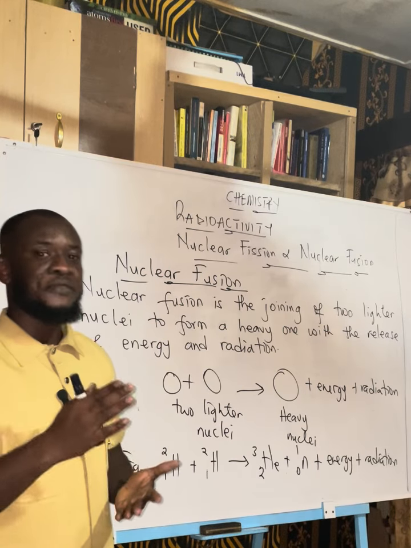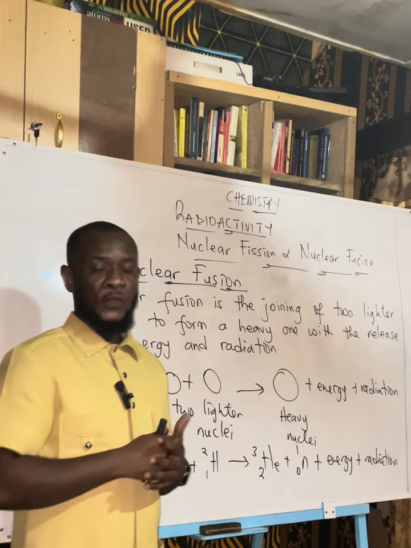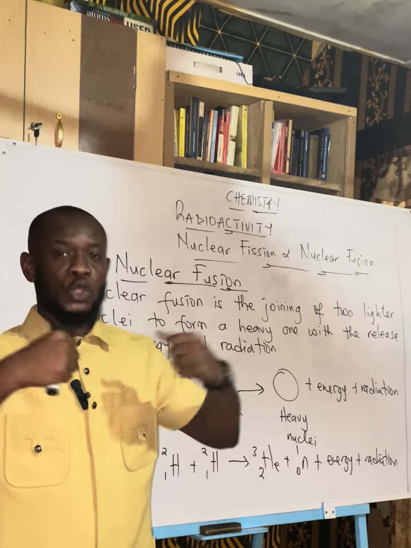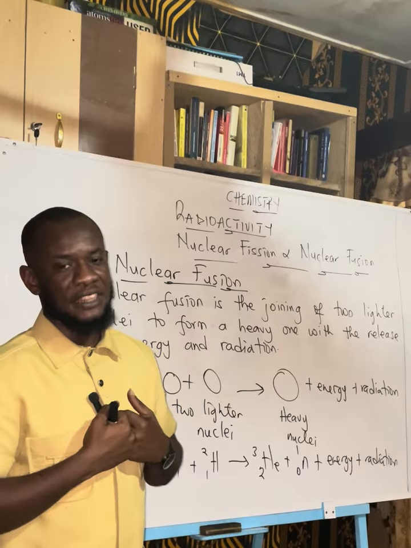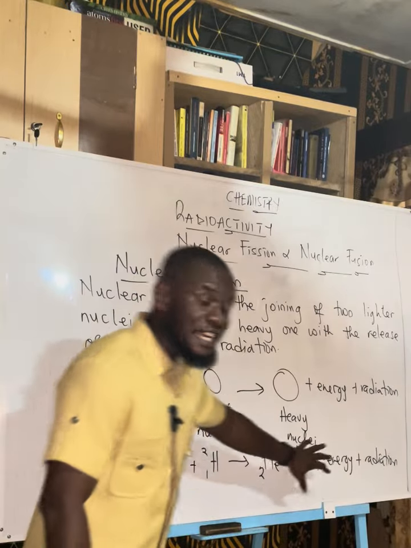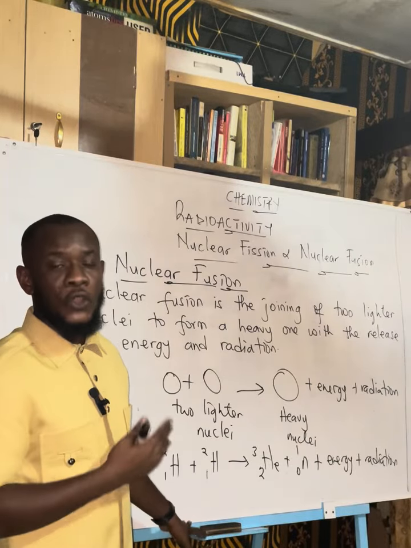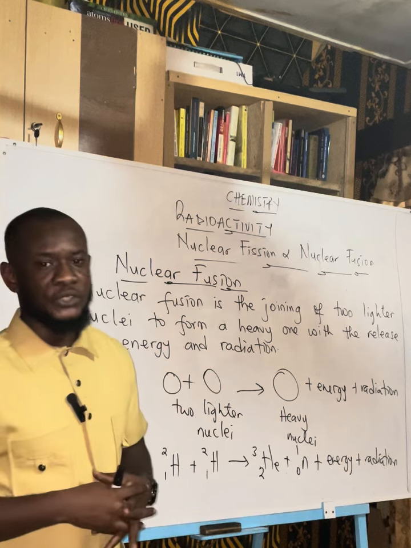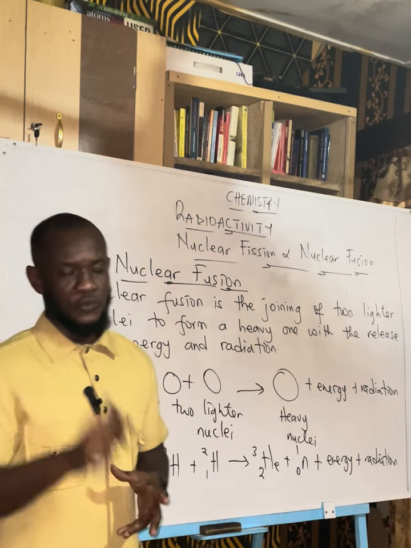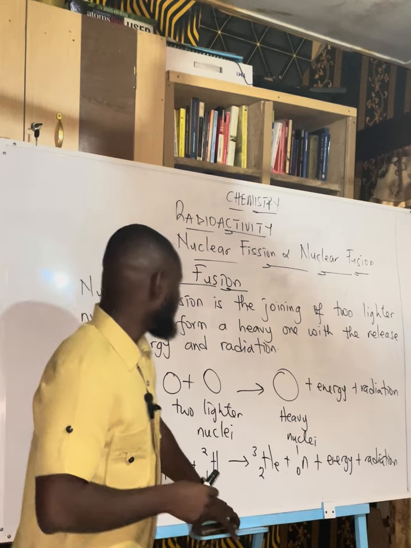When we talk about fission, we are splitting a heavy atomic nucleus. When we talk about fusion, you are joining two lighter nuclei. What you have to note here is that the energy produced in the fusion reaction is higher compared to the energy produced in the fission reaction. Thank you. Let's continue.